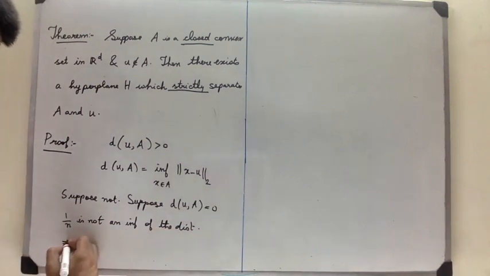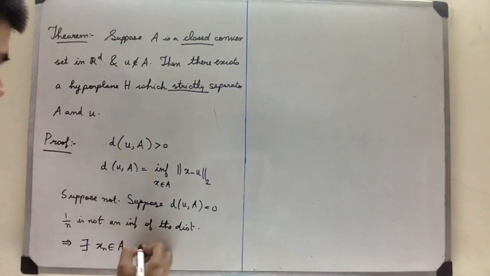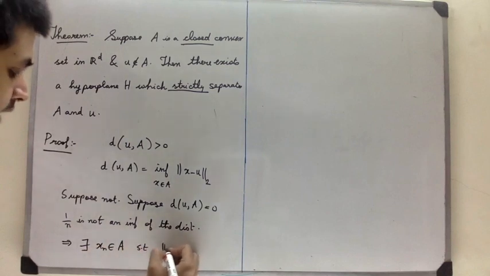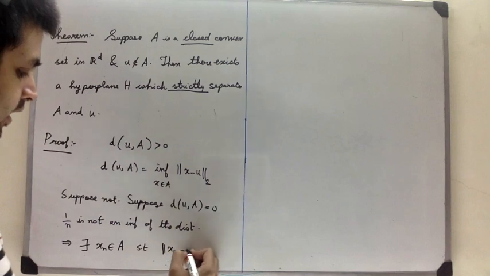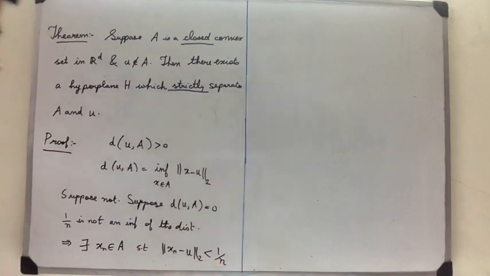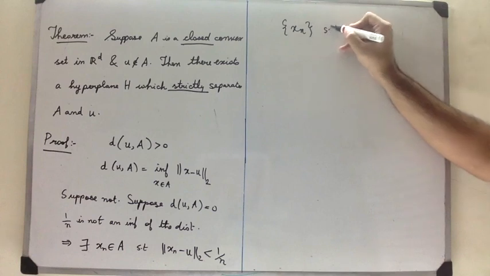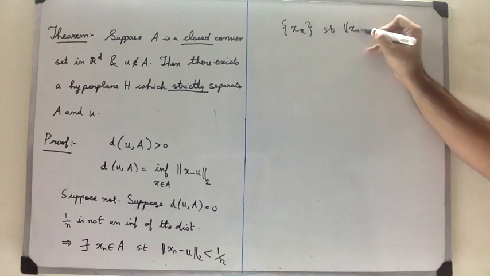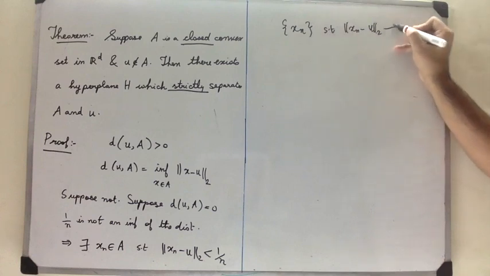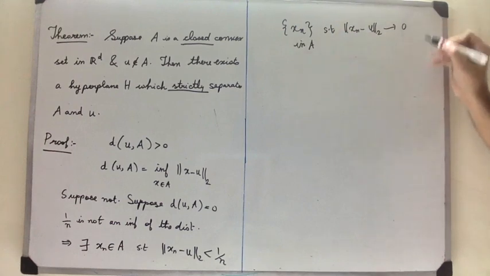This implies there exists x_n element of A such that |x_n - u| is less than 1/n. What you have is a sequence of points x_n in A such that |x_n - u| converges to 0.